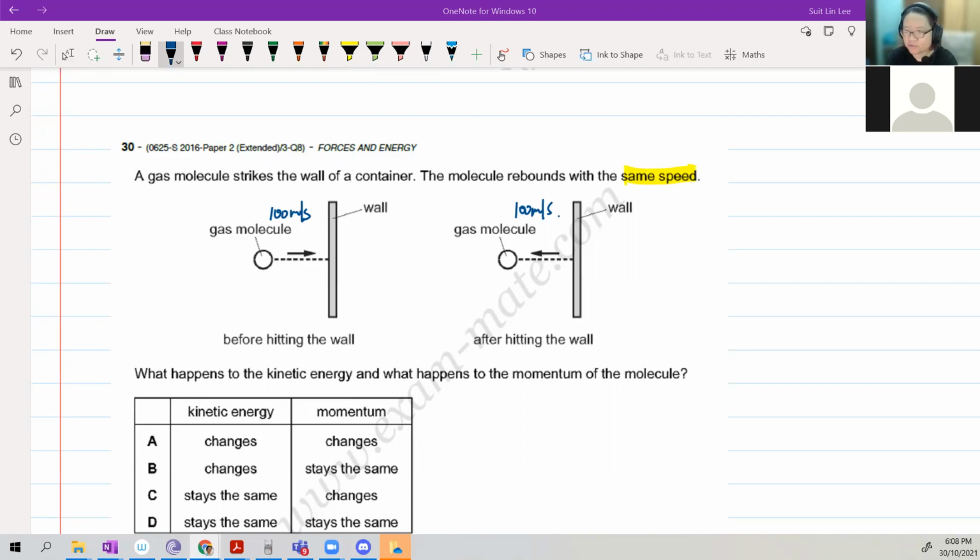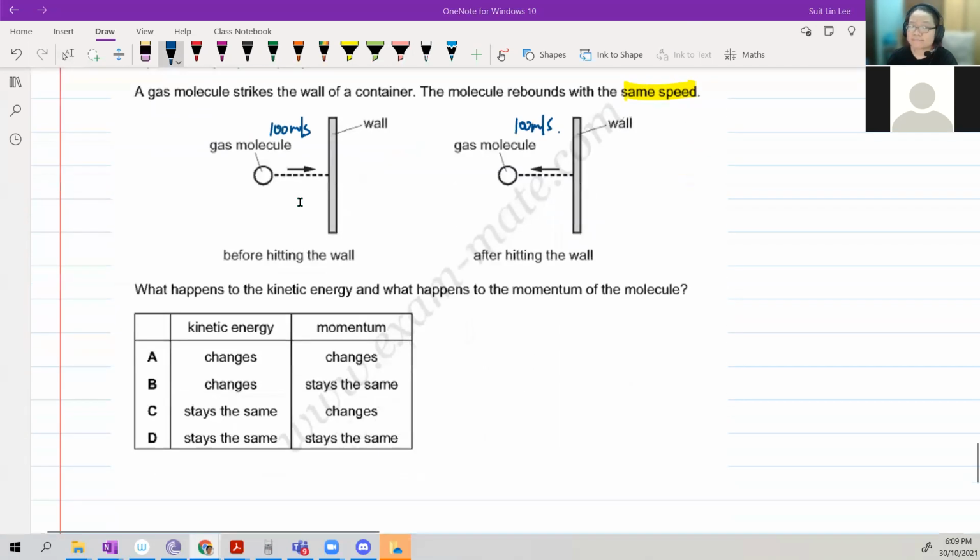What about the rest? Do you think that momentum will change? Do you think that kinetic energy will change?